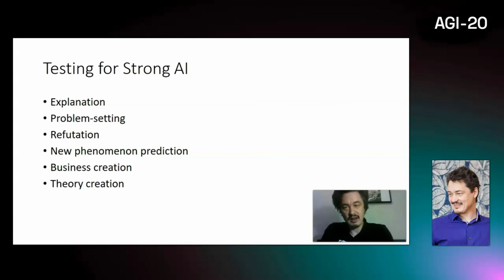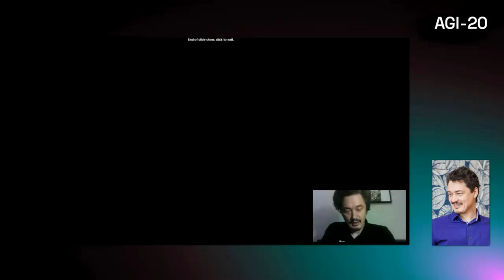These tests are explanation, trying to explain a phenomenon using an existing theory, problem setting, refutation, meaning defining the applicability domain of a theory, predicting new phenomena, creating business, and finally creating theories.